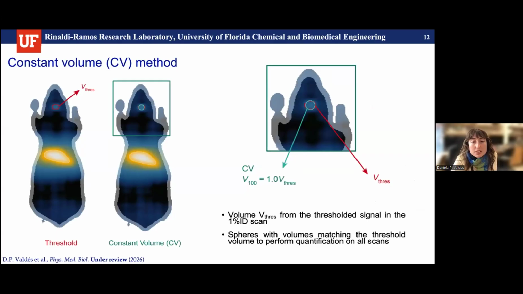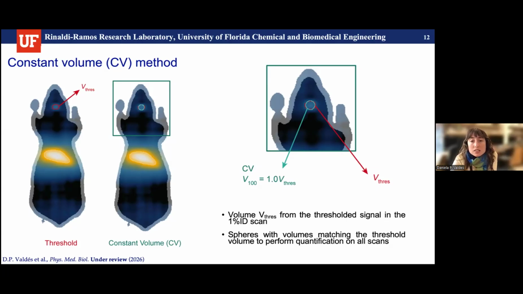So this is where we tested another method. We grab the volume from a thresholded segmentation, in particular the 1 micrograms of iron, since it was the one we wanted to correctly quantify. We grabbed that volume as a reference and created these spheres with that volume around the maximum.